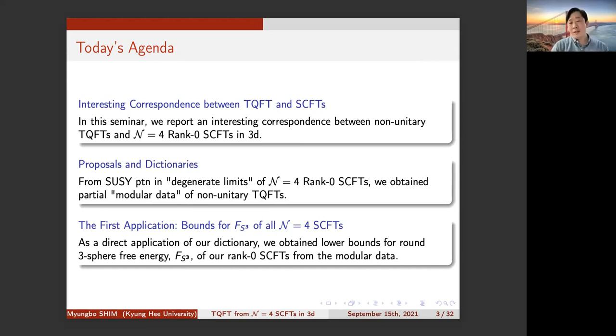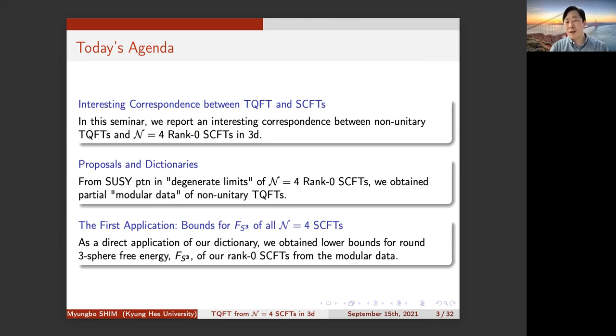And as a direct application, we obtain a lower bound for the round three-sphere free energy at S^3, a true measure of IR fixed point degrees of freedom. This is a 3D analog of the a-anomaly in 4 dimensions.